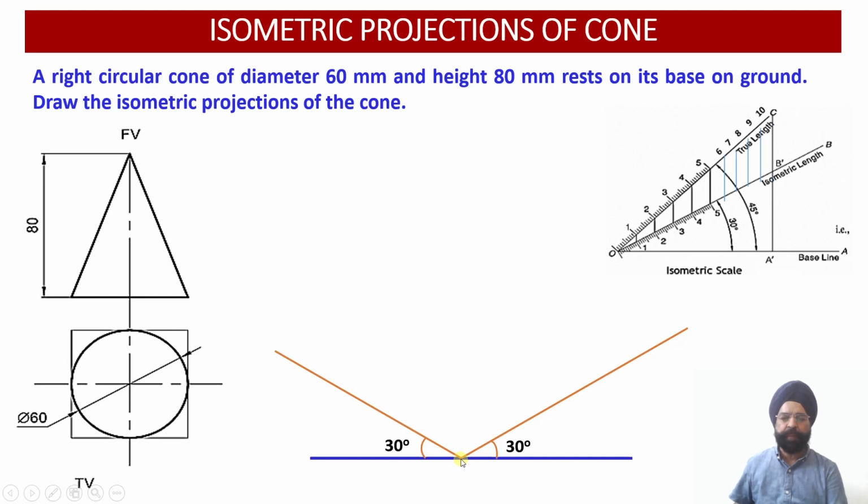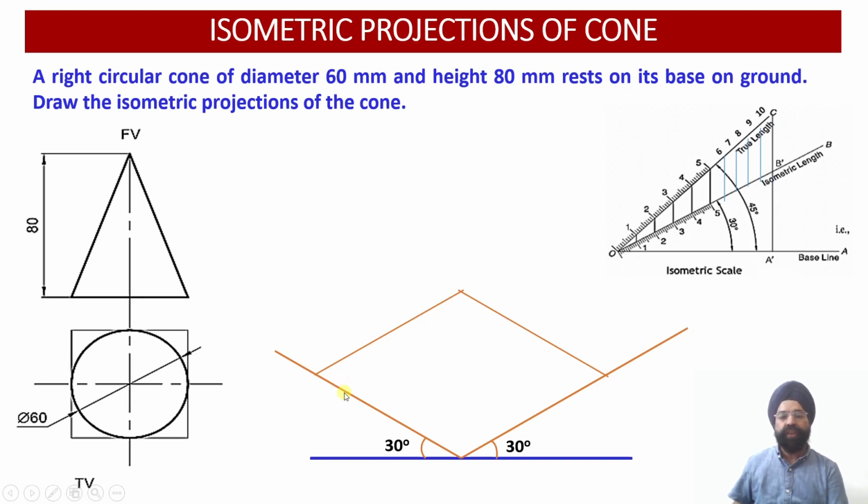So from this particular point of the ground we are going to mark 60 millimeter edge length of the square on the left hand side, and from this point once again we are going to mark 60 millimeter edge length of the square along the z-axis. So 60 millimeter edge length we have constructed along the x-axis, that is the isometric axis, and once again 60 millimeter edge length we have constructed along the z-axis.